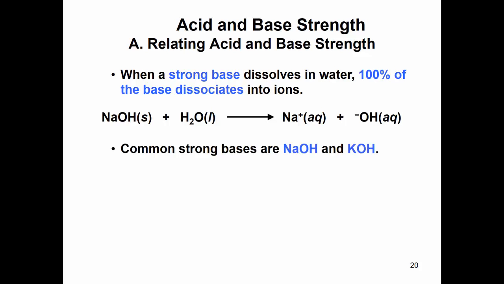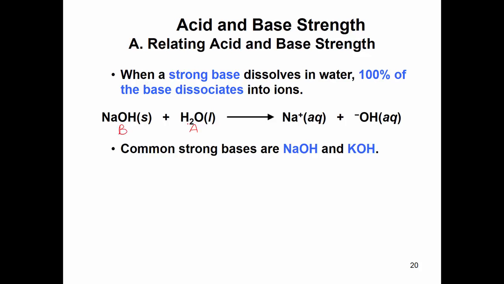Same idea for a base. If you have a strong base, you see that single reaction arrow. It completely dissociates into its ions. In this situation, water is going to act as the acid, and here's your base. A base gains a proton.